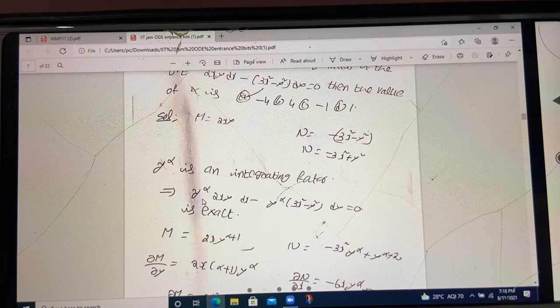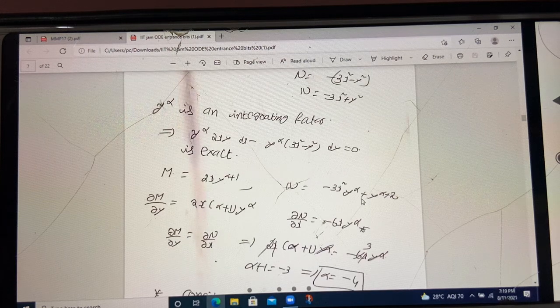So M is 2x y power alpha plus 1, N is minus 3x square y power alpha plus y power alpha plus 2. Dou M by dou y is 2x into alpha plus 1 into y power alpha plus 1 minus 1, which cancels y power alpha. Dou N by dou x is minus 6x y power alpha, and the other term is 0 because with respect to x, y is constant.